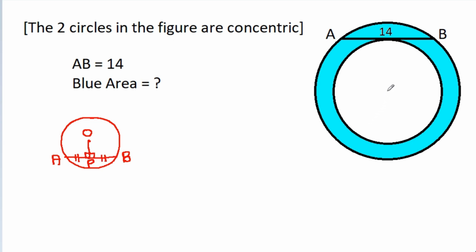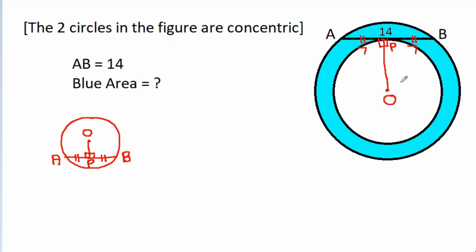And here, suppose O is the center of both the circles, and if we draw a perpendicular from O, suppose this point is P, then AP will be equal to BP, and AB is 14, so AP will be 7 and BP will be 7.